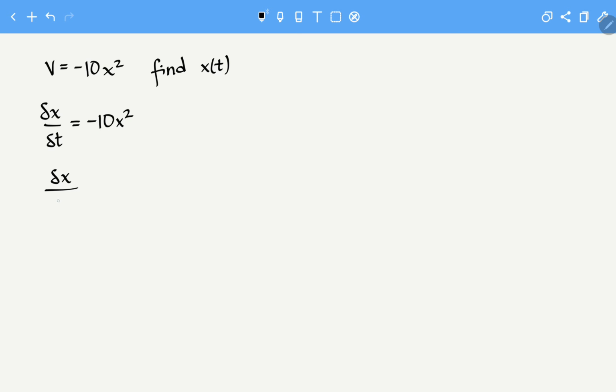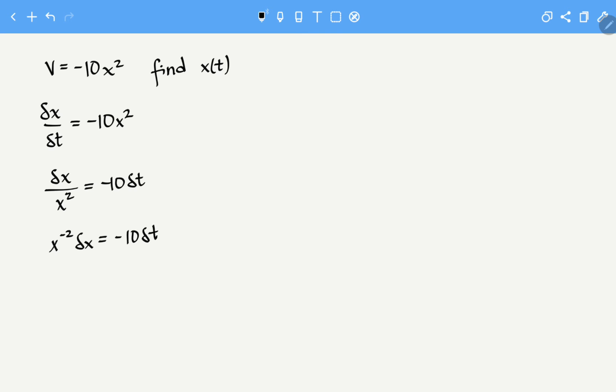So dx divided by x squared equals negative 10 dt. Oh, I feel so much better. I hate having too much stuff in the denominators. And since I really just hate denominators in general, let's change this into x to the minus 2 dx equals negative 10 dt.